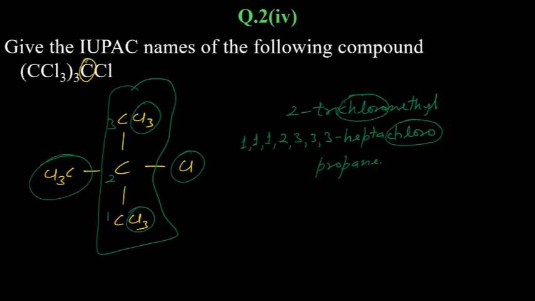So there are 2 possibilities, and in books you will find 2 answers written. The correct answer is this one: 2-trichloromethyl, and then you have 1,1,1,2,3,3,3-heptachloropropane.